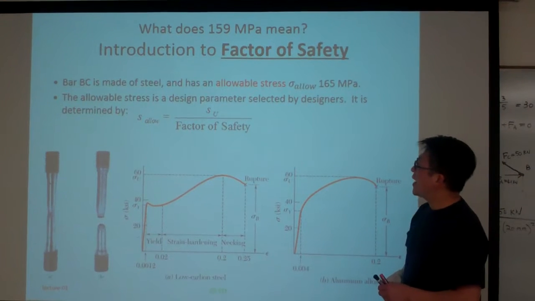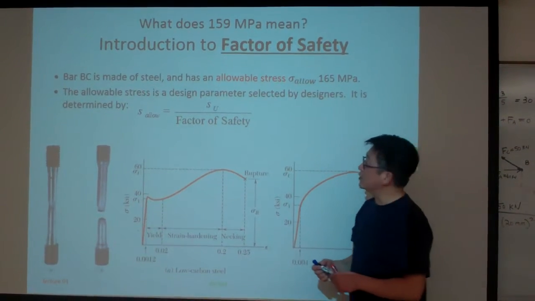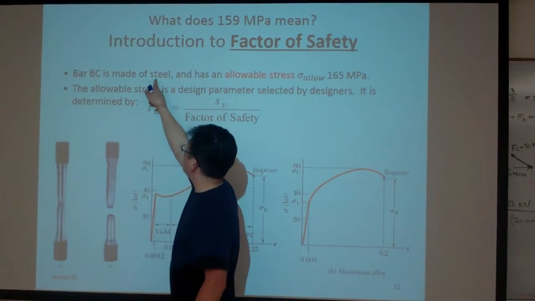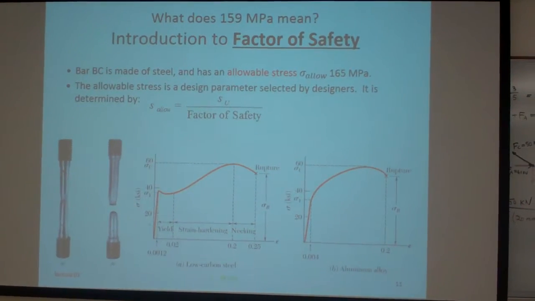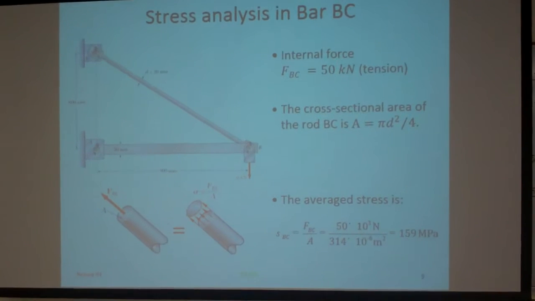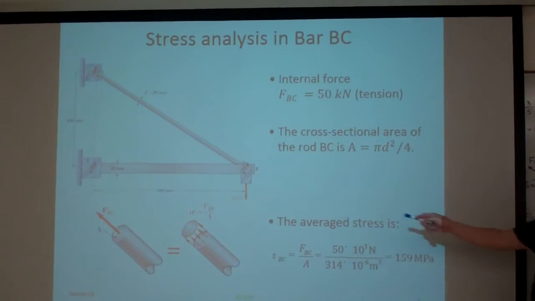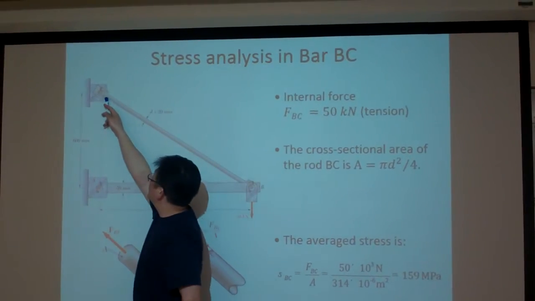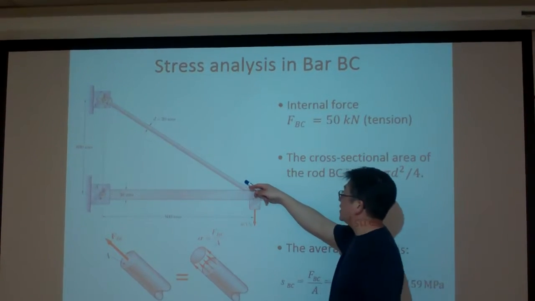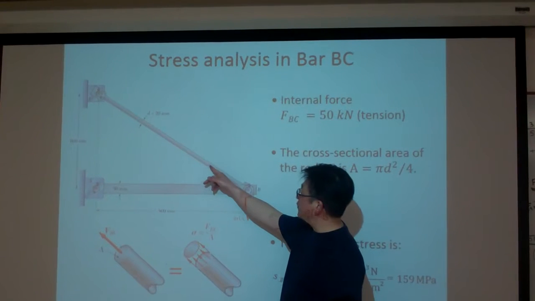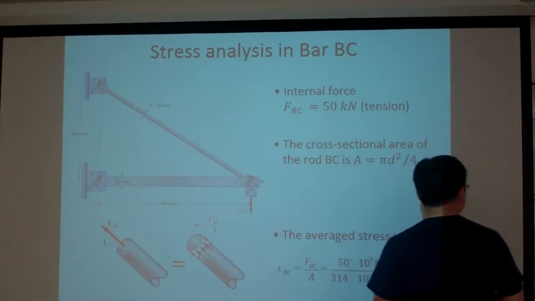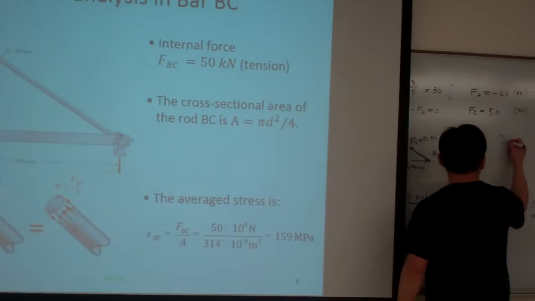So back to our previous example, the bar BC is made of steel. Let us look at the previous example here. This is our bar BC. For this example, we choose steel as the material, so we look at the steel data book and find the sigma u.